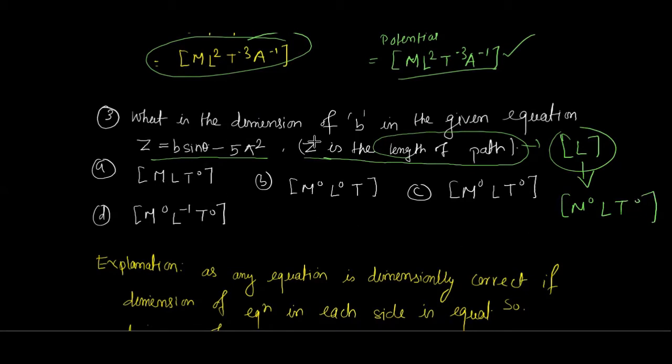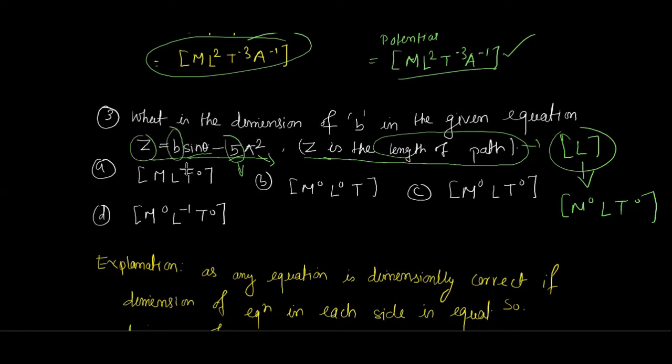We have to find the correct dimension for B. Sine theta is a dimensionless quantity, phi is a number, which means it does not have a dimension, and pi is also a dimensionless quantity, which means the dimension of Z and the dimension of B must be equal.